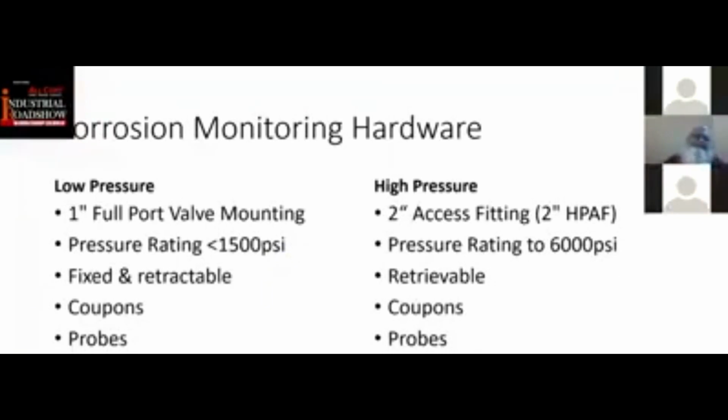And now if you use the access fitting on a low pressure pipe in an area where there is frequent movement of people and animals, and the pipeline is right above ground, or maybe the sampling point or installation point is above ground, where you install this low pressure access fitting because of the pressure rating requirement, then this access fitting will definitely obstruct the free flow of traffic over the pipeline, which is very normal in some places, right, where the animals as well as the people just cross over the lines.